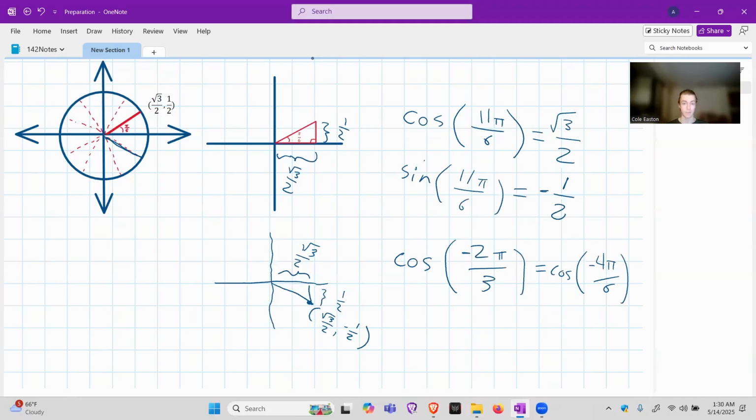I'm multiplying the top and bottom by 2 there. So instead of going our normal counterclockwise direction, right, which is the positive direction for angles, we're going to count clockwise here. So we're going to go 4. We're going to go 1, 2, 3, 4. And so this right here is our angle.